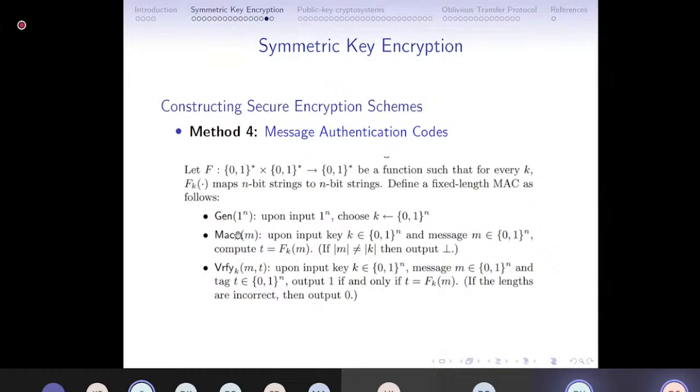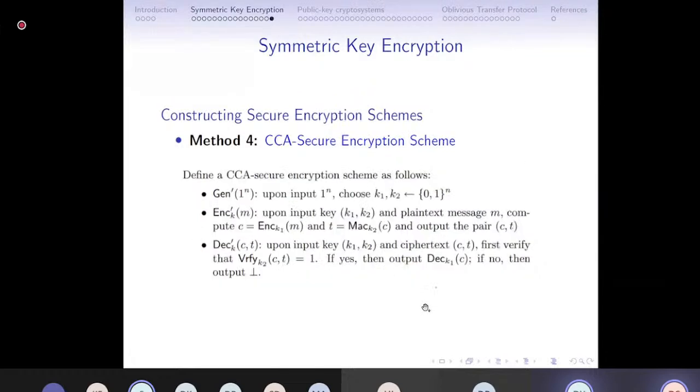In order to verify the message, the verifier again computes the tag T on the message and key, and checks whether the received tag and computed tag are equal or not. If both are equal, then the message is legitimate. Otherwise, we discard the message. So by using a message authentication code, we can easily construct a chosen ciphertext attack secure encryption scheme.